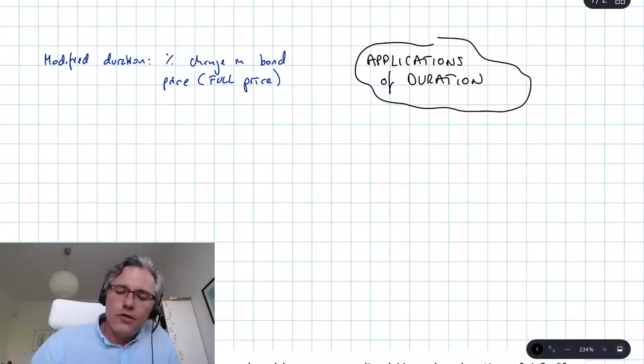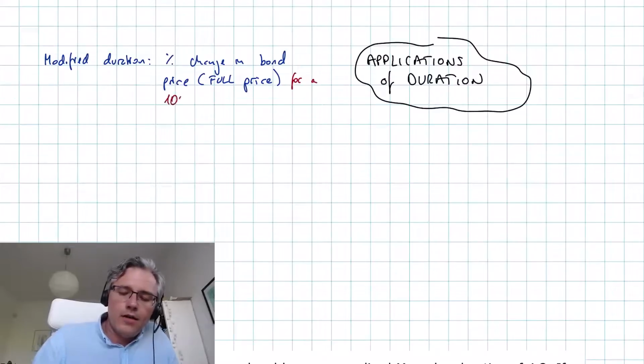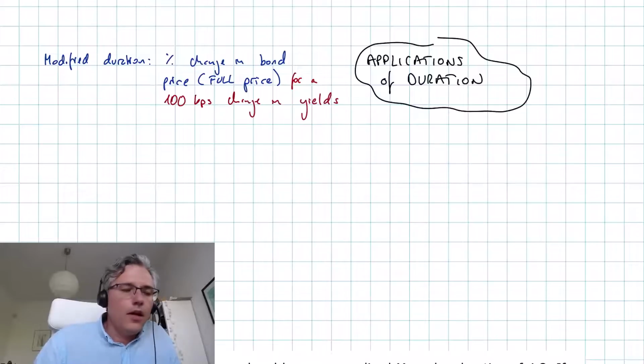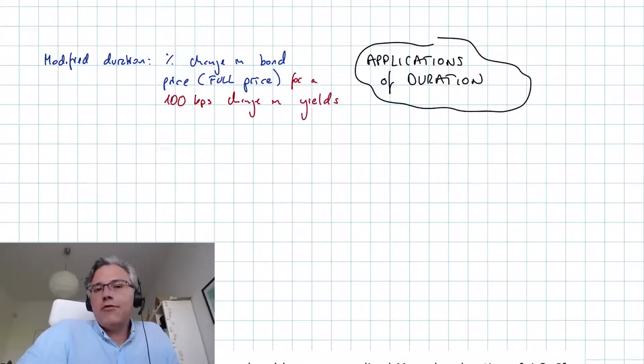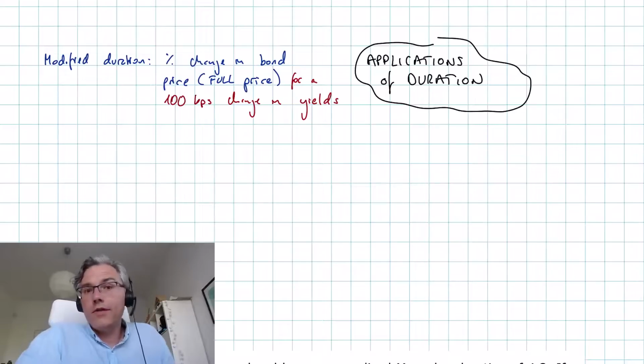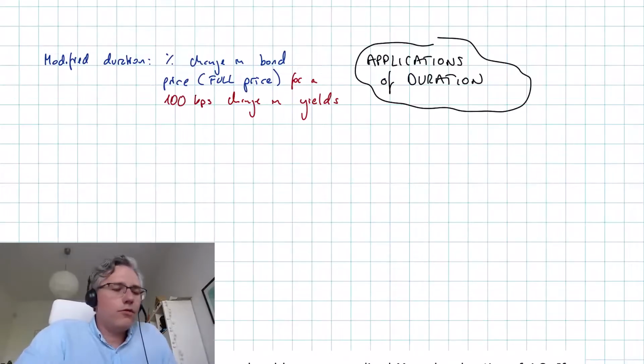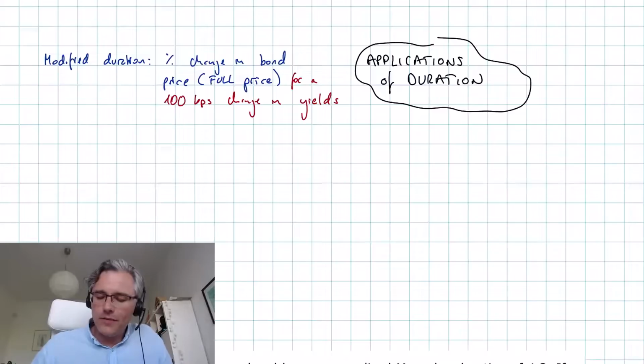So percentage change in the bond price, its full price, for a 100 basis point change in yields. If interest rates go up or down, or yields go up or down by 1 percentage point, 100 basis points, what will happen to the bond price?